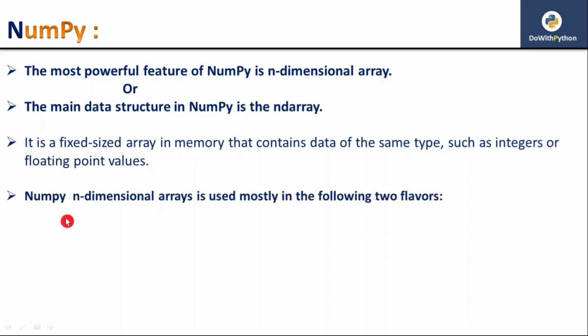NumPy's n-dimensional array is mostly used in two flavors: vectors, or simply 1D arrays, and matrices, or 2D arrays. Of course, you can create 3D, 4D, 5D arrays with any dimension, but these are the most useful arrays with NumPy.